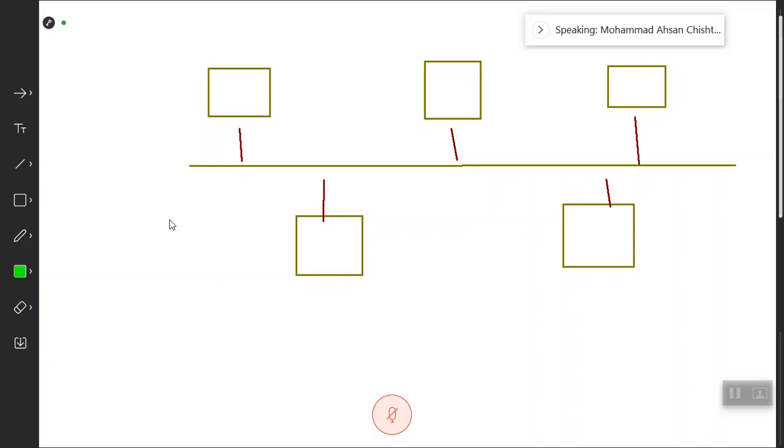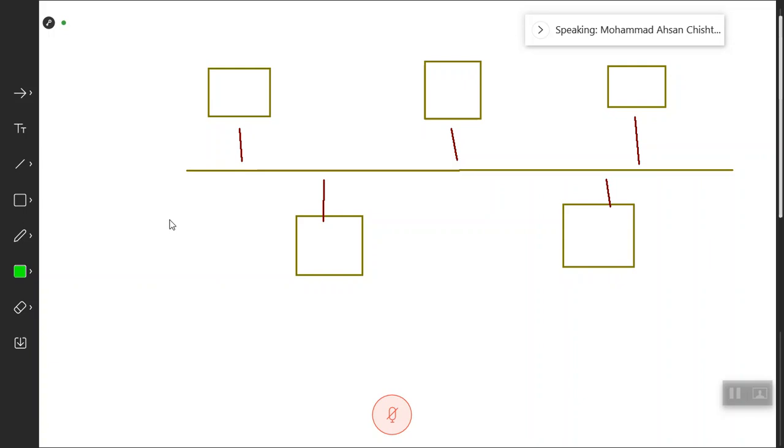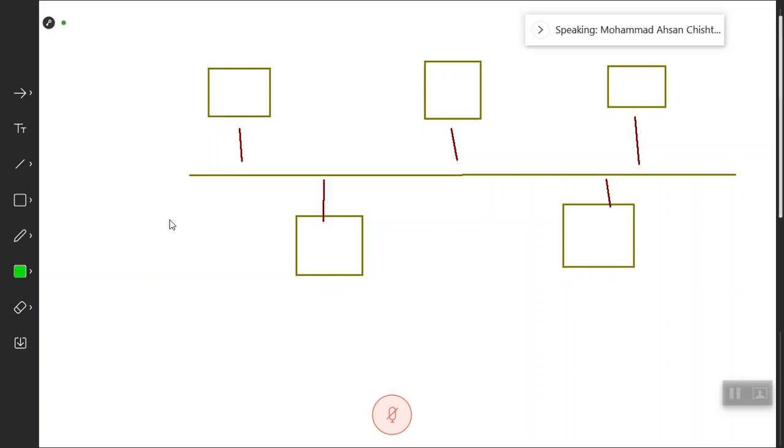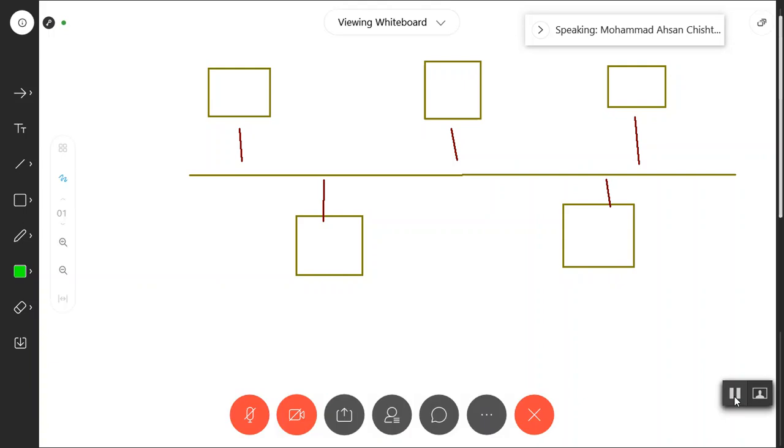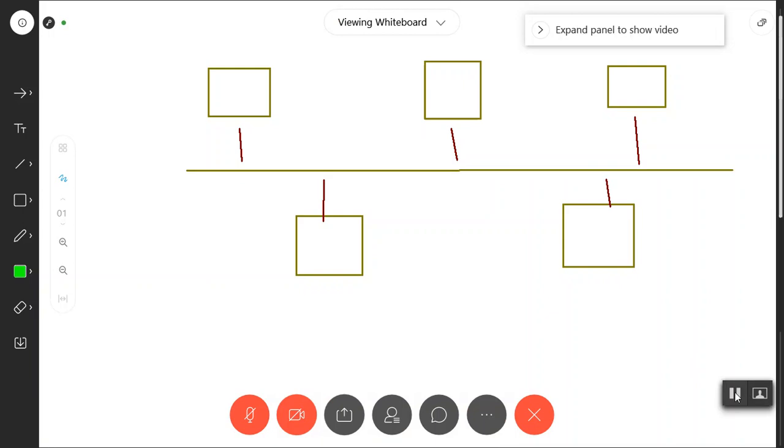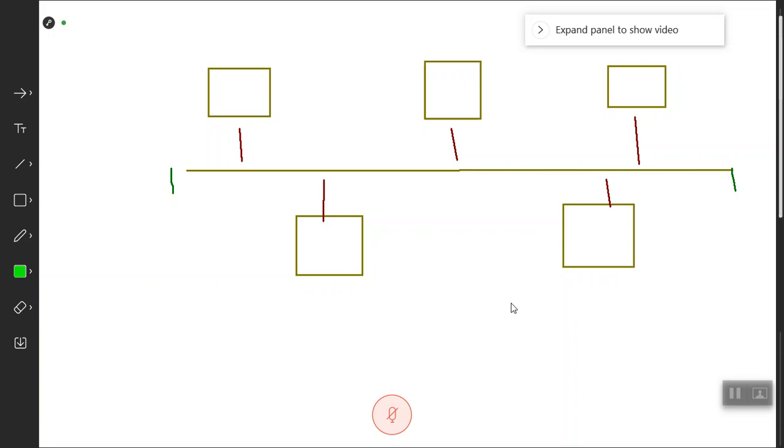But certain points that I would like to add here: at the two ends of this topology, there are two things, one here and one here.